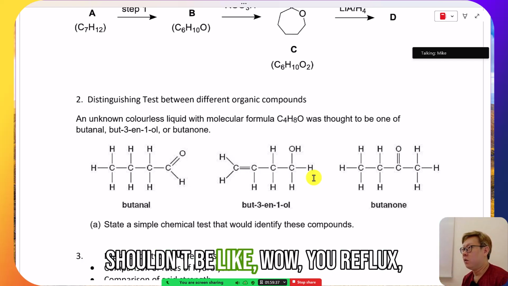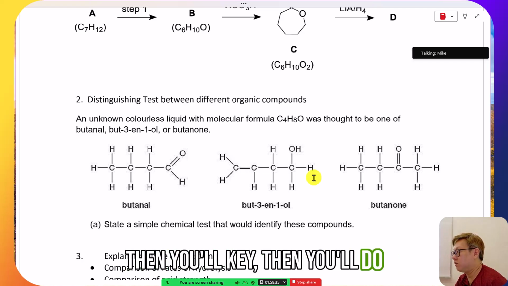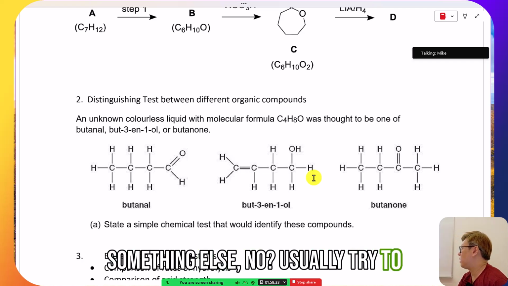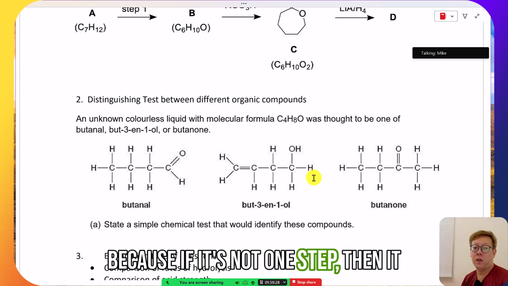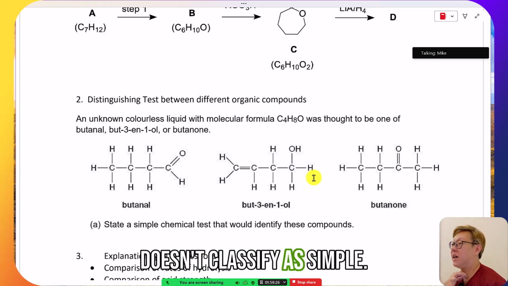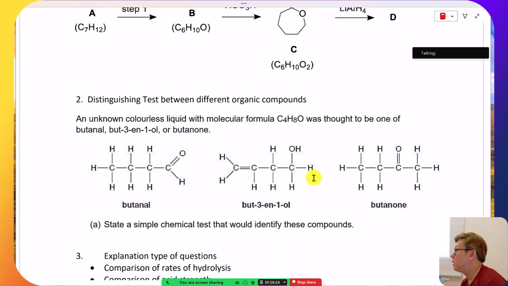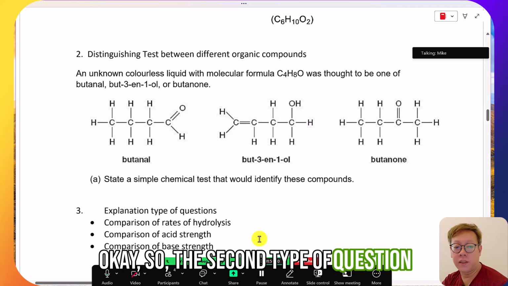It shouldn't be like, wow, you reflux, then you heat, then you do something else. No. Usually try to keep it to one step, because if it's not one step, it doesn't classify as simple. Everybody clear? So the second type of question is the distinguishing test.